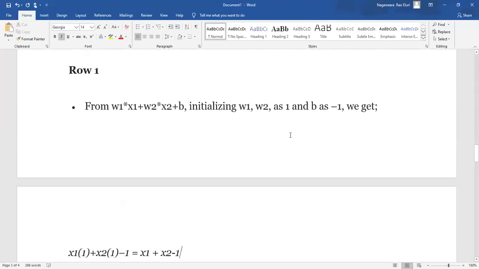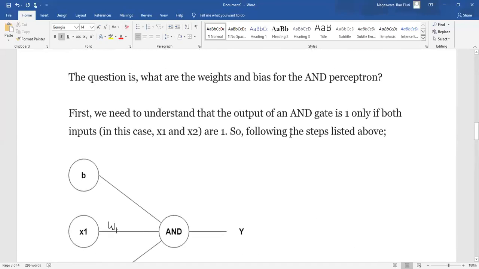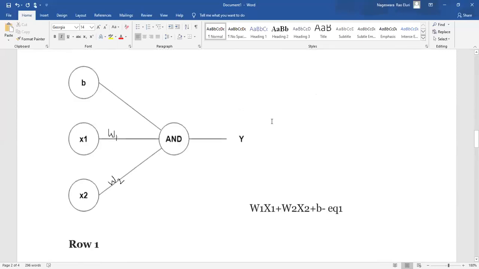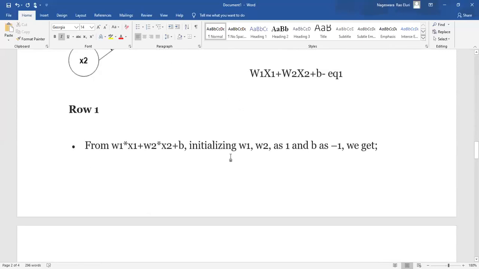Just go through the logical gate. We try to find the output value, which is 0. Now what we got in the neuron, if you substitute node value 0 and node value 0, we got 0. So this is correct. This process is correct at row 1.